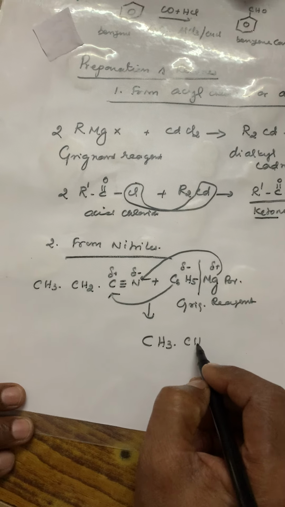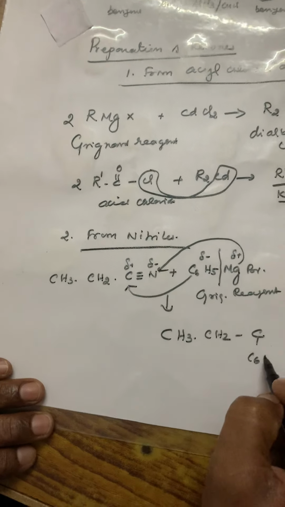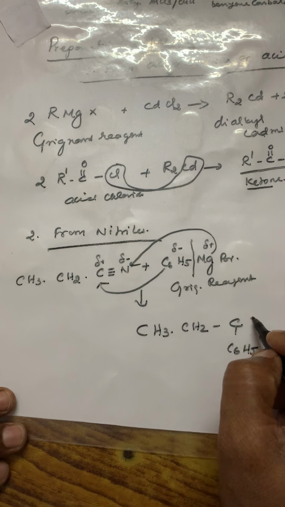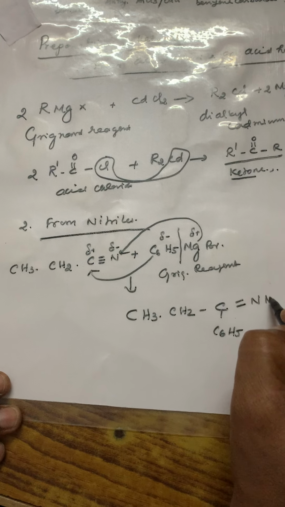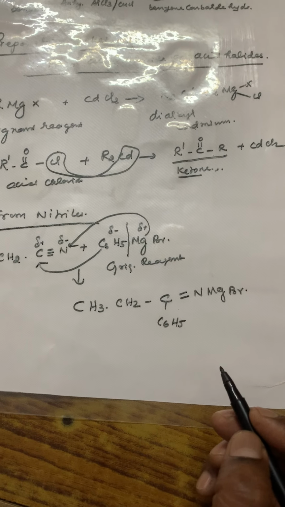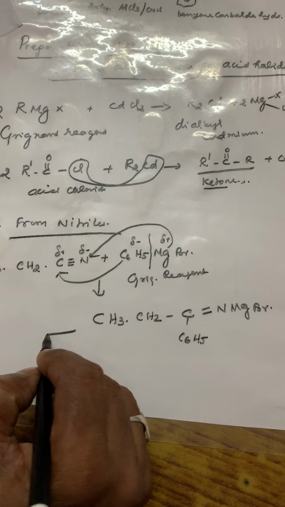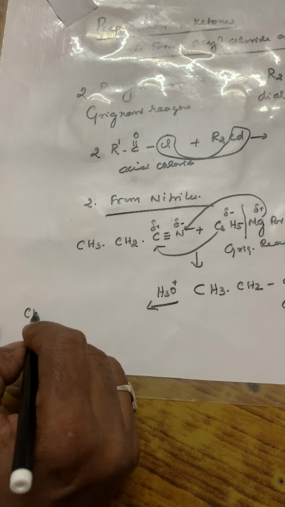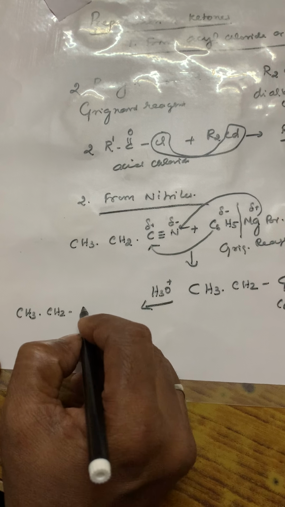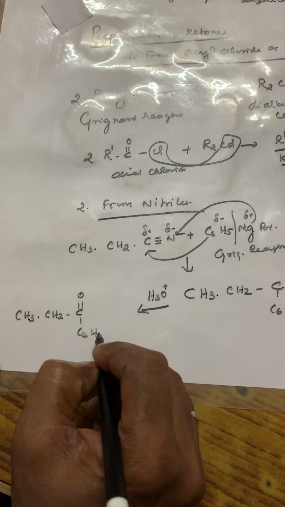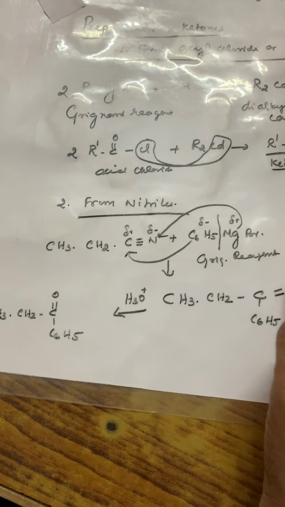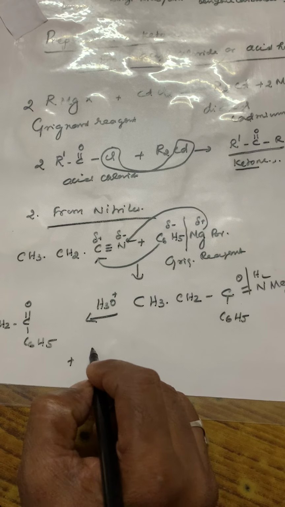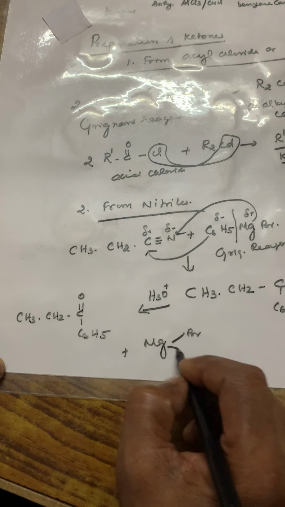CH3CH2C(C6H5)=NMgBr. On acidic hydrolysis, it gives CH3CH2C(=O)C6H5, because here the oxygen comes from H2O, and we get MgBr and NH2.